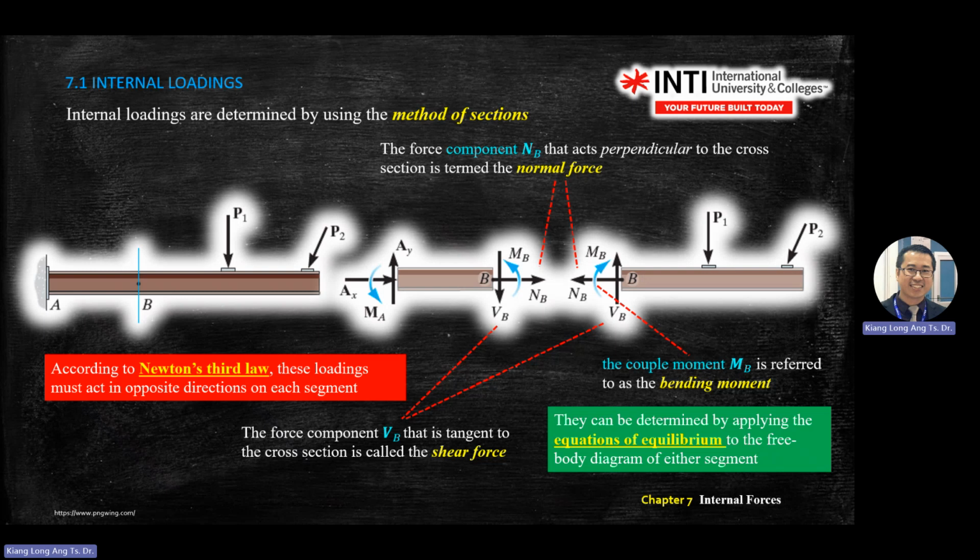Equation of equilibrium: you solve the external force. How do you find the value of VB, NB, and MB? Same as just now, you look at the overall system. When you draw the section, you pick one section and solve with the equation of equilibrium for that component.